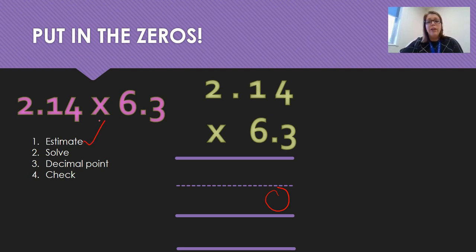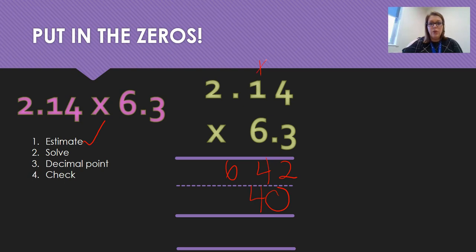Okay, we then solve. 3 times 4 is 12. Carry the 1. 3 times 1 is 3 plus 1 is 4. I'm ignoring all decimal points. 3 times 2 is 6. In my next one, I've already got my 0 down there, so I don't need to worry about that anymore. 6 times 4 is 24.